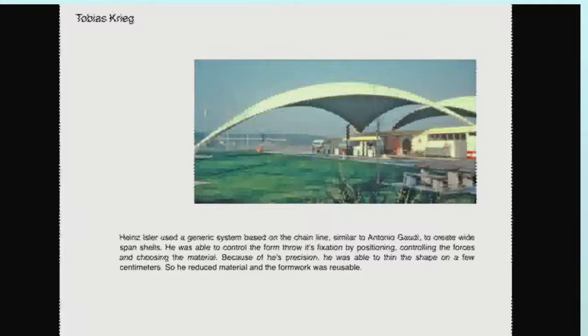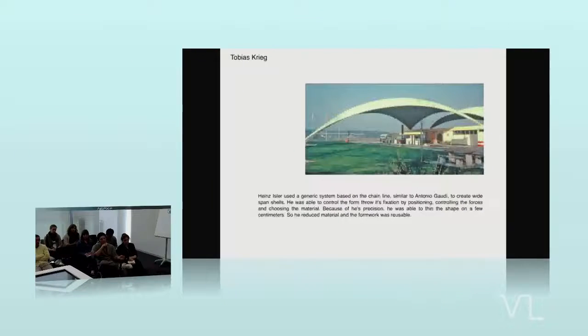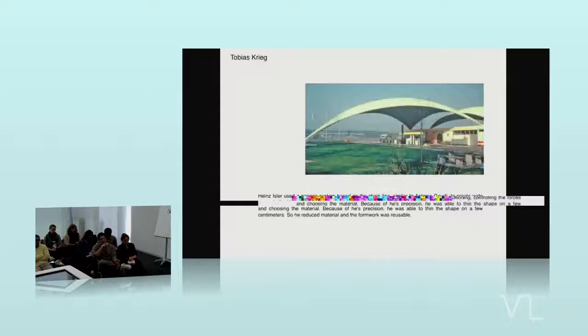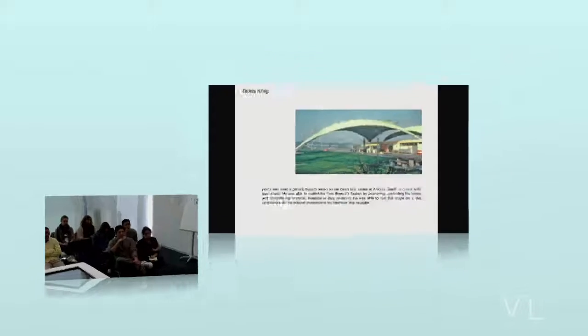Yes, a famous Swiss engineer built these shells following the chain line, and it's information architecture because he can just change the information to produce architecture, and it's like a generic tool for building these shells, and it's sustainable in the meaning of green sustainability by reducing materials and finding the most perfect structure.